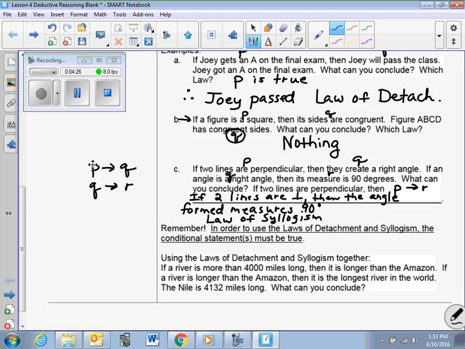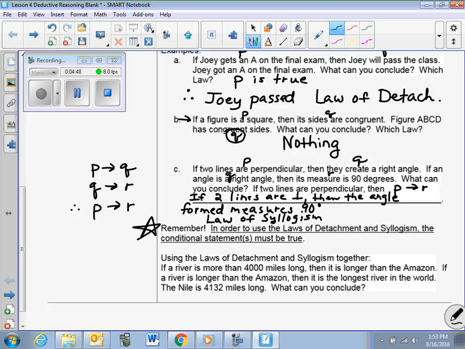And so therefore we can conclude that if P then R, which would say if two lines are perpendicular, then the angle formed measures 90 degrees. That is the law of syllogism. Okay, be sure to remember this. In order to use the laws, the conditional statement or statements must be true.